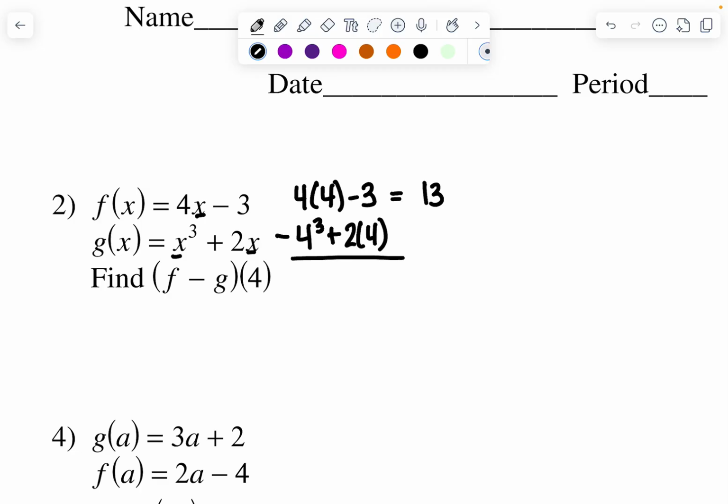And then 4 cubed would be 64. This is 64 plus 8. So let's see what 64, double check. So 13 minus 72. And you should get negative 59.